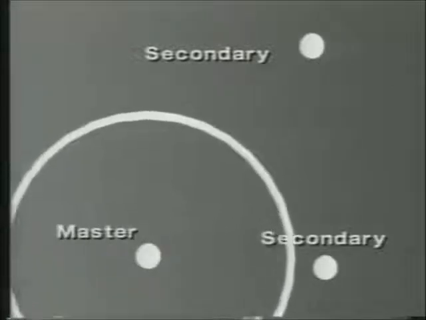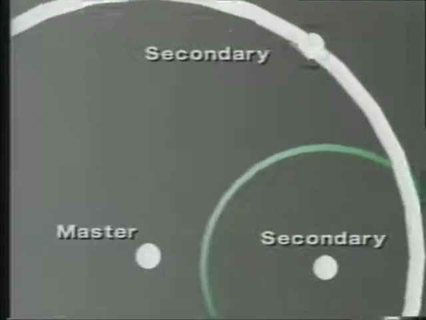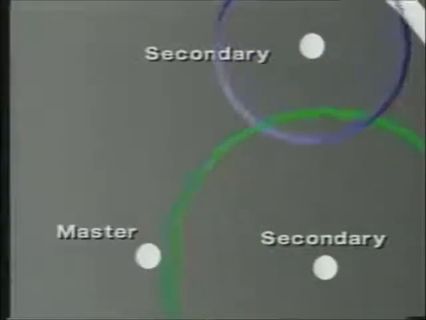In a typical LORAN chain, there is a master station and 2 to 5 secondary or slave stations. The master station first transmits a coded pulse group. Then, each secondary station transmits its pulse at a specific time interval after the master pulse.